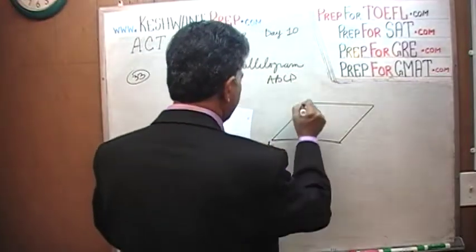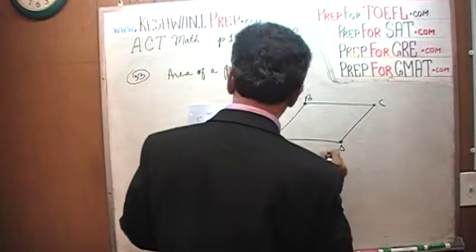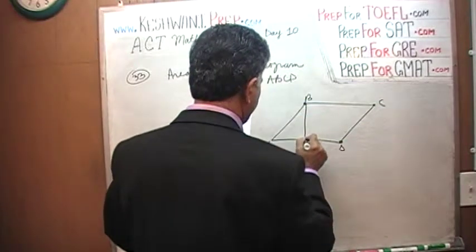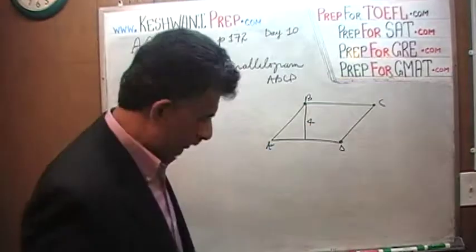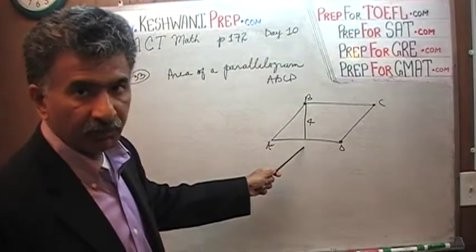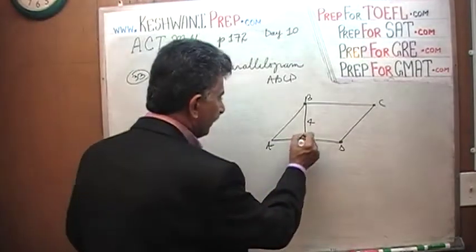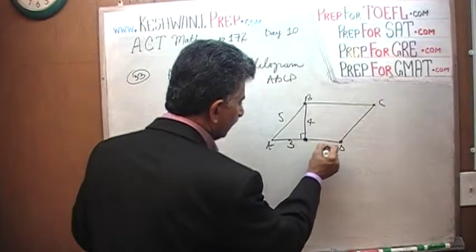This is A, B, C, and D, and they draw a perpendicular, which we are told is 4. How do we know that this line is a perpendicular? Because they tell you that it makes a 90-degree angle. And this is 5, and this is 3, and from here to here is 6.